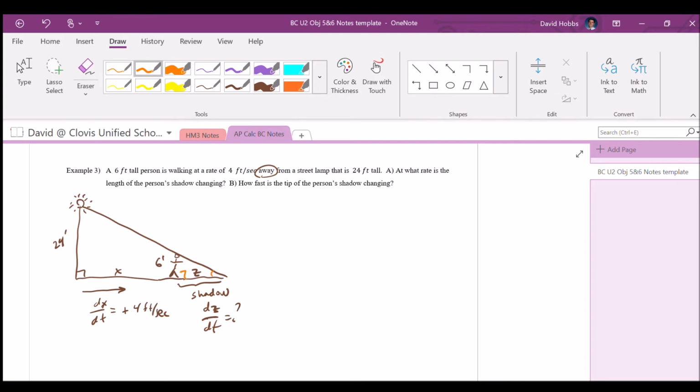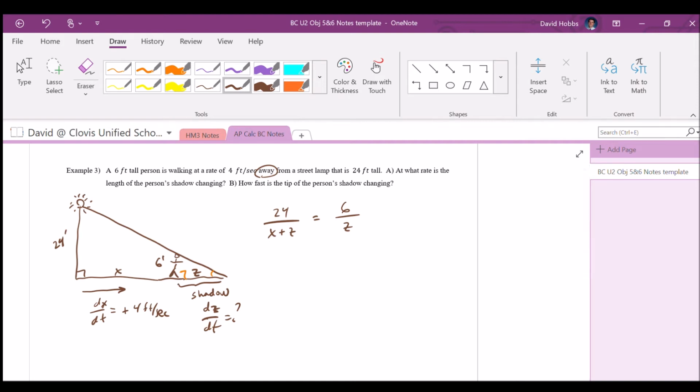And so now there's various ways we can set up the equation, but I'm going to do 24 is to the bottom of the big triangle, which is x plus z. 24 is to x plus z as 6 is to z. Okay. There it is.